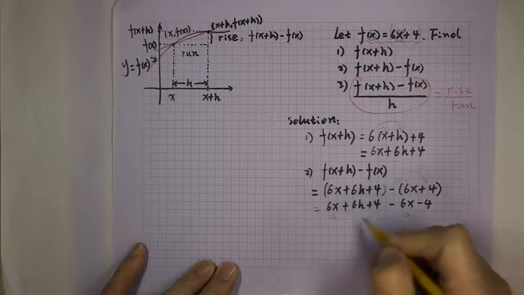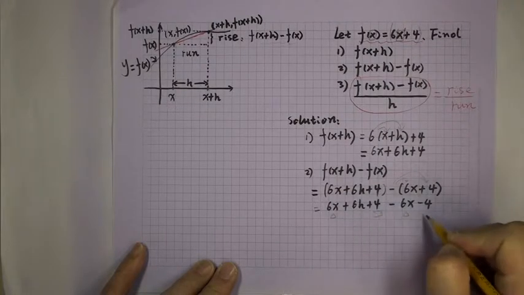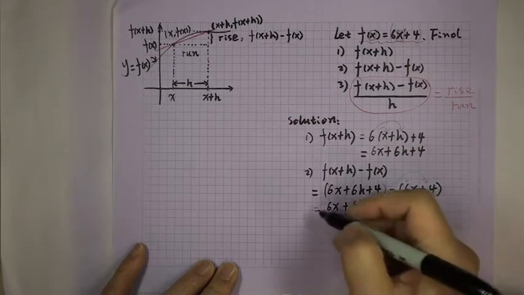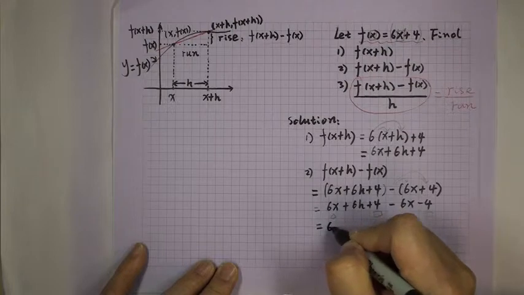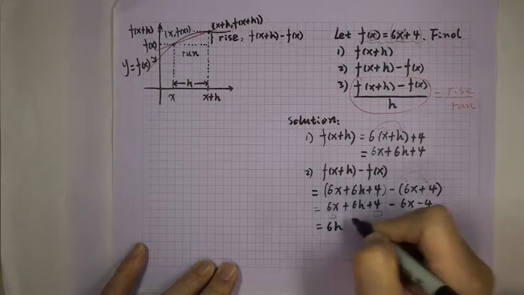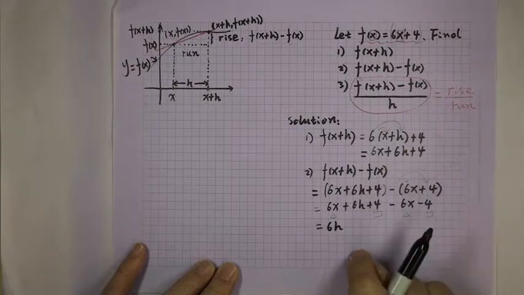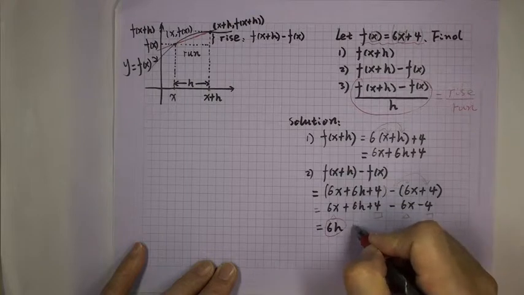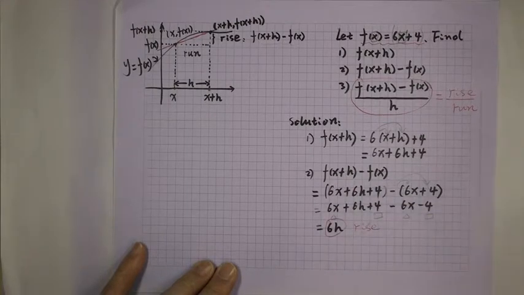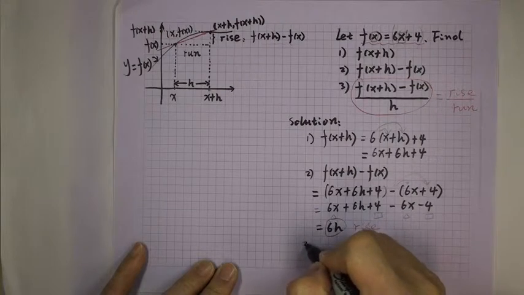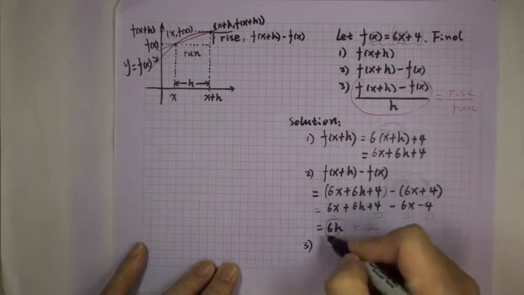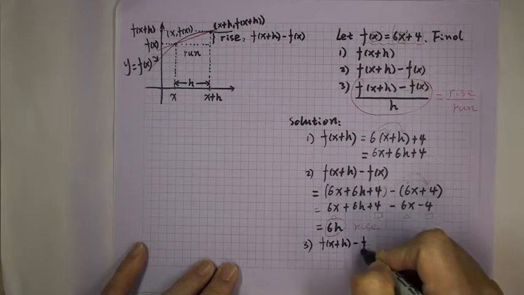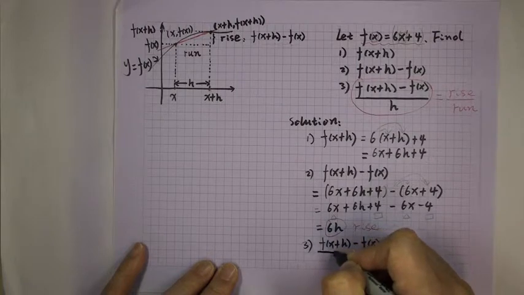And then you see the 6x, positive 4, negative 4. They cancel each other. So what's left over is just 6h. This again is the rise. Then the third step is we want to calculate rise over run.